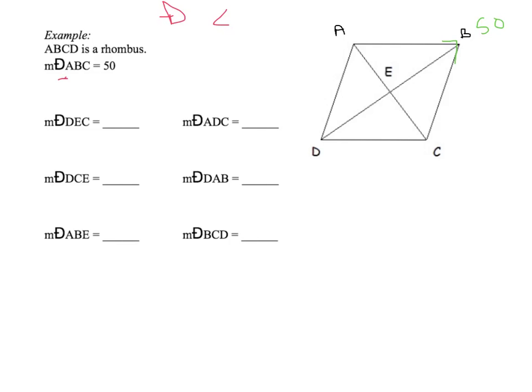Using our properties, because this is a parallelogram, the opposite angles are going to be congruent. So if this is 50, the one down here is 50. You also know that your consecutive angles are supplementary. So if this one's 50, this one has to be 130. Then the opposite angle here is 130.